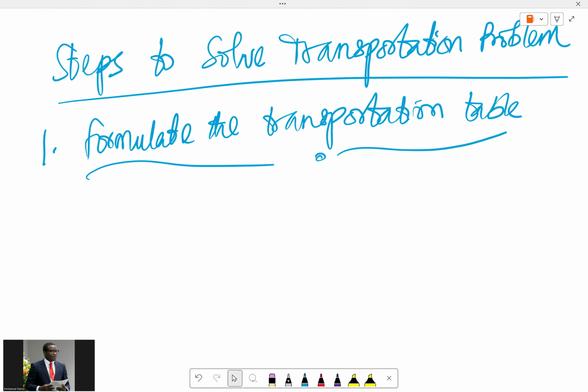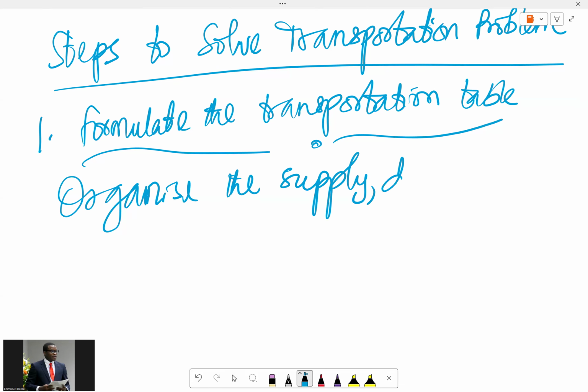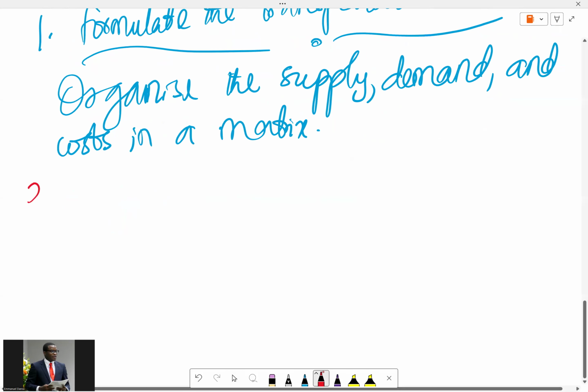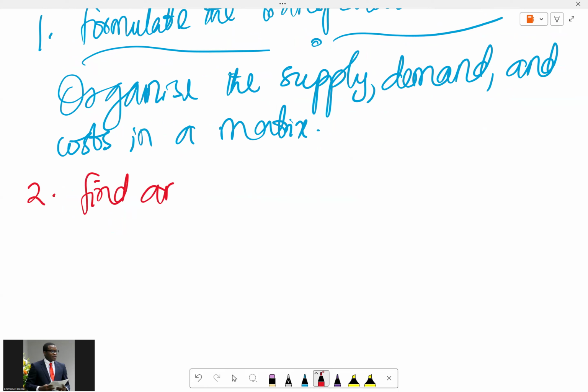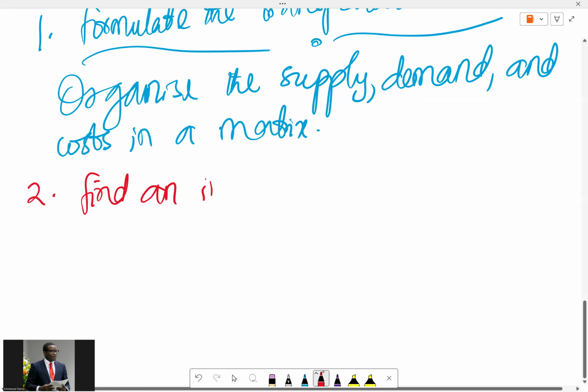Here, you organize the supply, demand, and costs in a matrix. Then number two, you need to find an initial feasible solution.